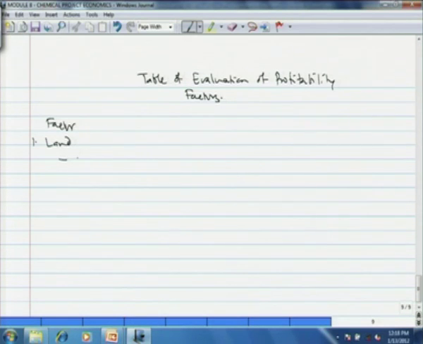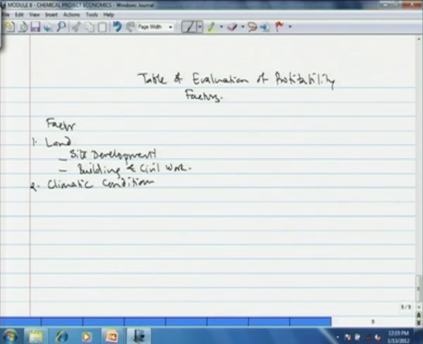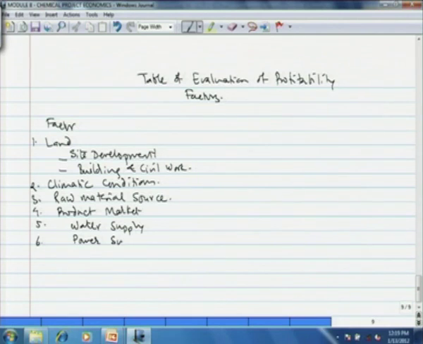Then in the land comes site development, then building and civil works, then the climatic condition, then the raw material source, then the product market, then water supply, power supply, so on and so forth.